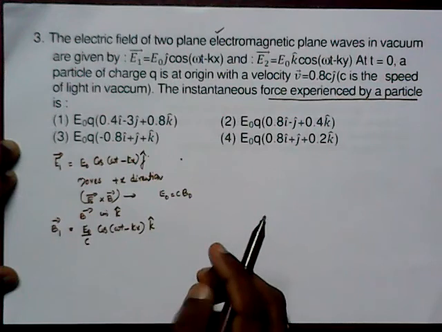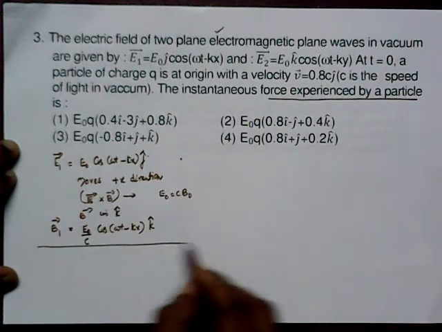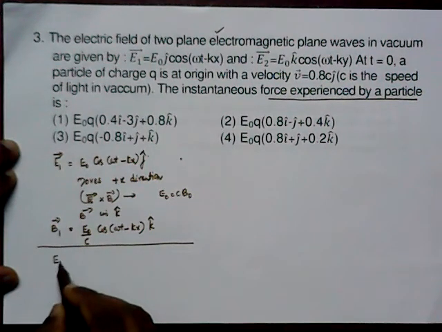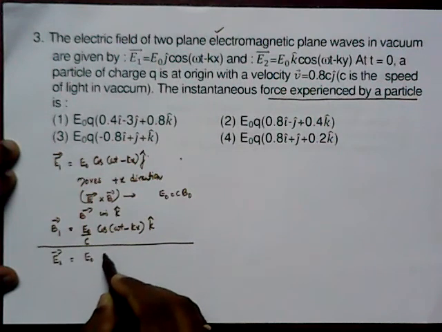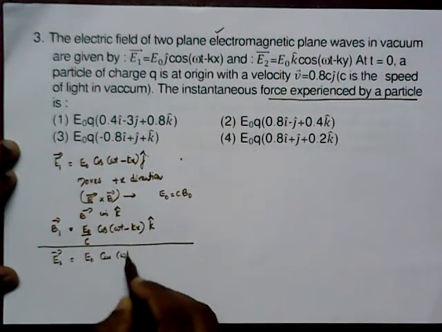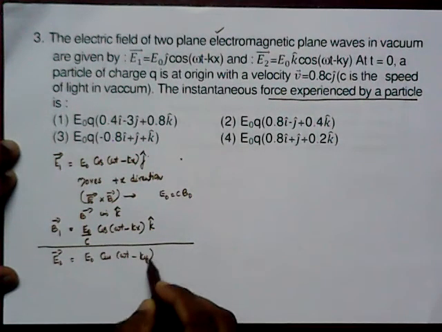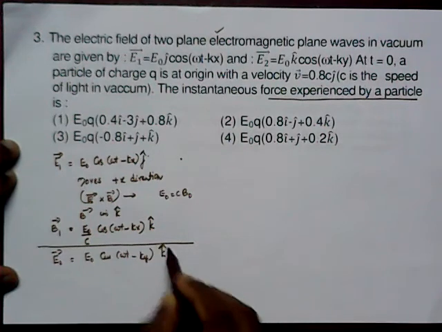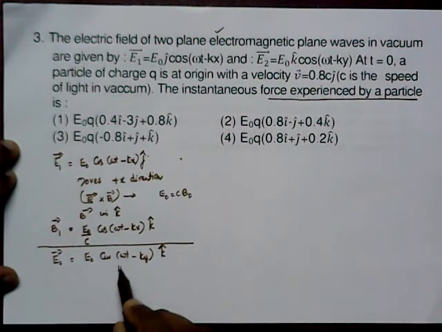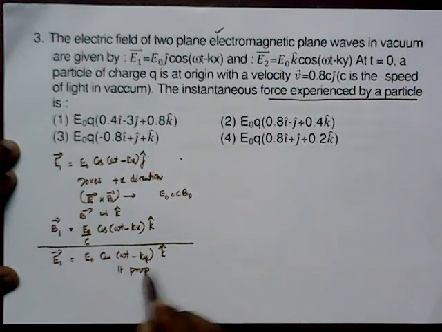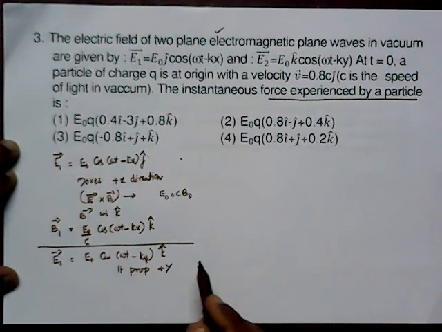And similarly, it is given that E2 is equal to E0 cos(omega t minus ky) into the direction k cap. That means it propagates along the direction of plus y.